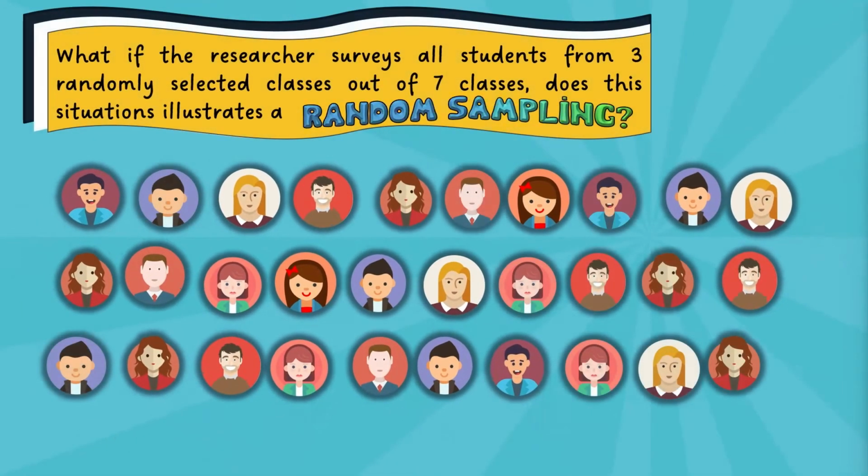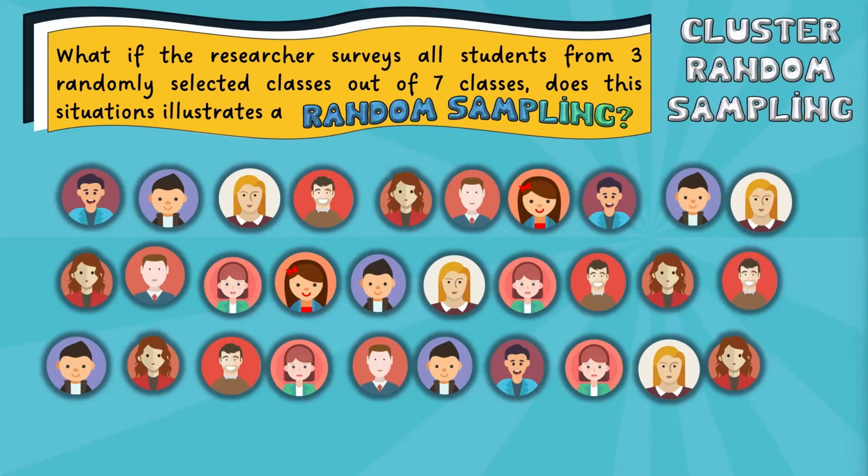Okay, so class, what if the researcher surveys all students from 3 randomly selected classes out of 7 classes? Do you think this situation illustrates a random sampling? If your answer is yes, then you are correct. These situations illustrate cluster sampling or cluster random sampling.